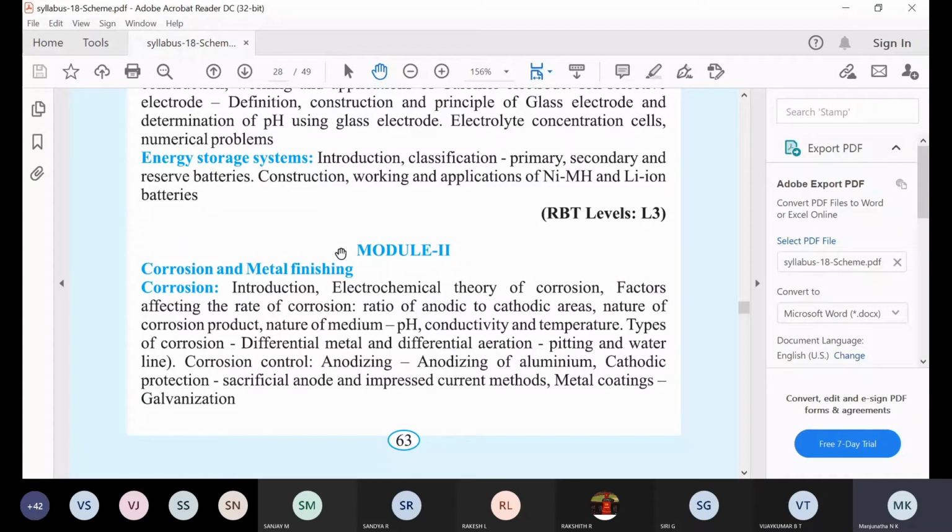The loss of metal observed when a metal is exposed to the surrounding environment can also be prevented by using methods like metal coating or protective coating, corrosion protection methods, or the anodizing process, etc. So this is the first unit in module 2.